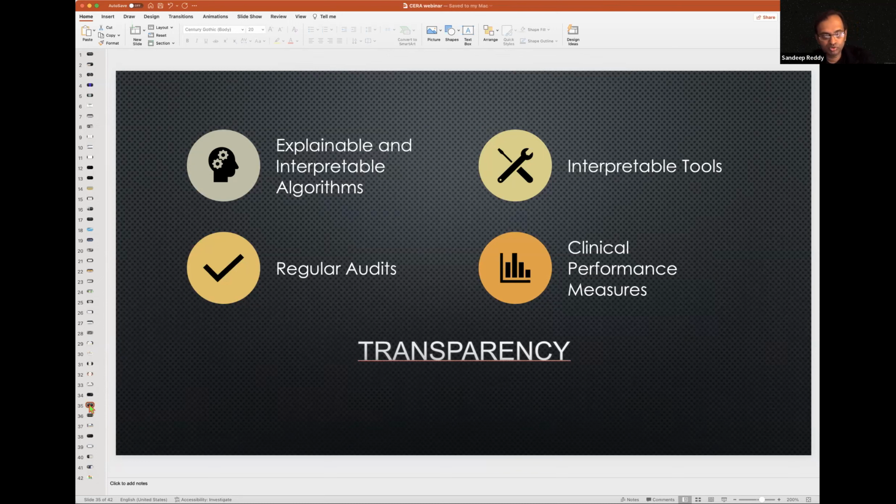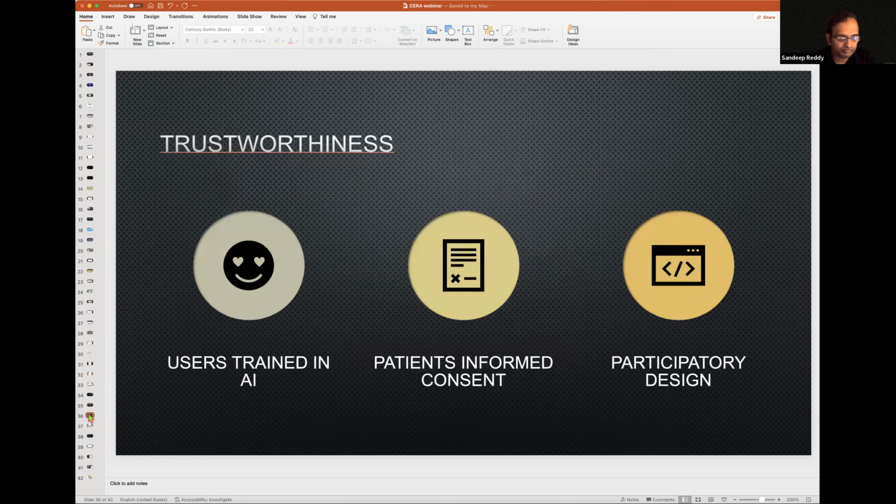But if that doesn't work, then you start to use the explainable AI frameworks that we discussed earlier, but also consider regular audits to ensure that the AI model is working very well and it's not causing any undue harm to patients or providing any misleading diagnosis. So it's important to ensure that the transparency aspect is assessed throughout.